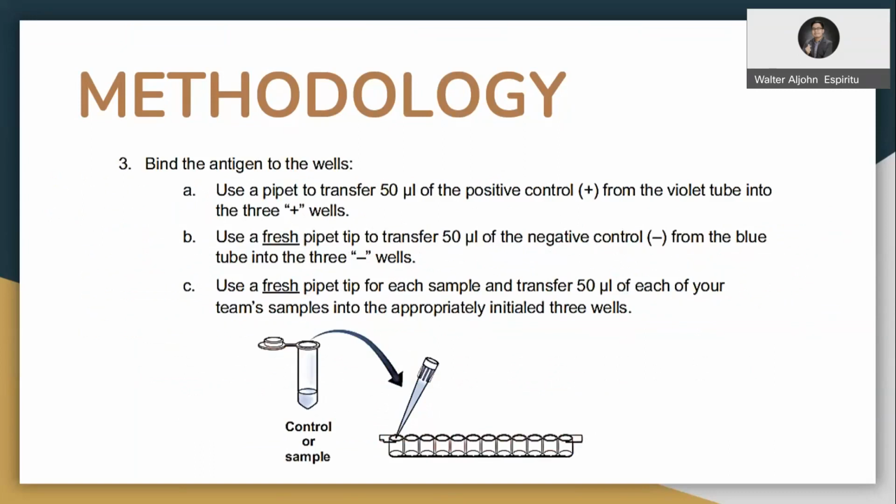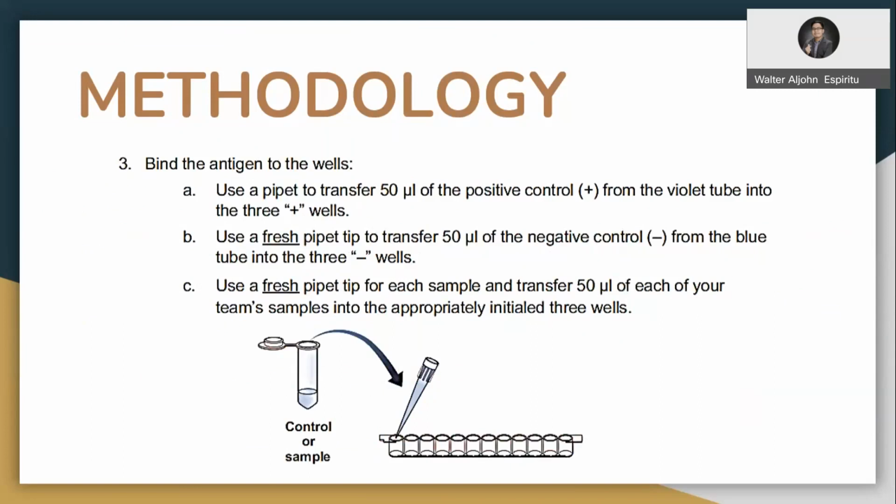Using a pipette, transfer 50 microliters of the positive control from the violet tube into the three positive wells. Please be cautious in transferring the controls, as we have only limited volumes of them.